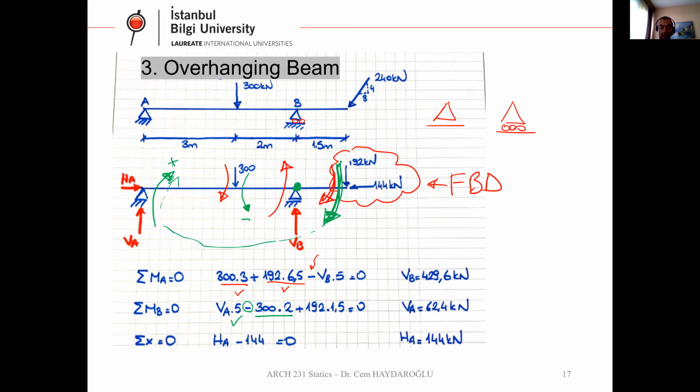So it's positive. 192 times 1.5. So we have the total MB equals 0. In this equation, we have only one unknown, as you can see here. It's easy to calculate. You have your calculators and you can do this calculation. So vertical A is 62.4 kilonewton. Okay. Now we have vertical A, vertical B.